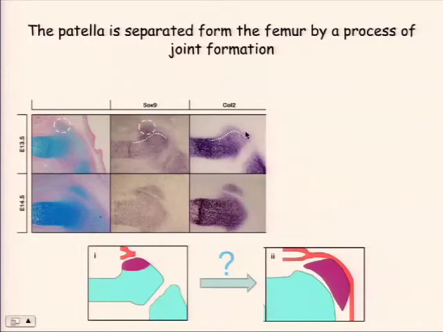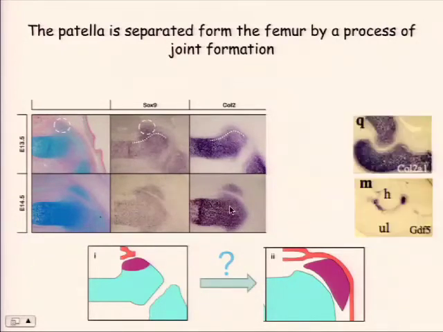which are chondrogenic markers. Between day 13 and 14, you can see some kind of downregulation of these genes between the femur and the patella. That resembles something from another publication of ours, showing that when you form a joint, you downregulate COL2 and many other genes, and you upregulate GDF5. So that suggests that maybe the patella is forming simply by utilizing the process of joint formation.